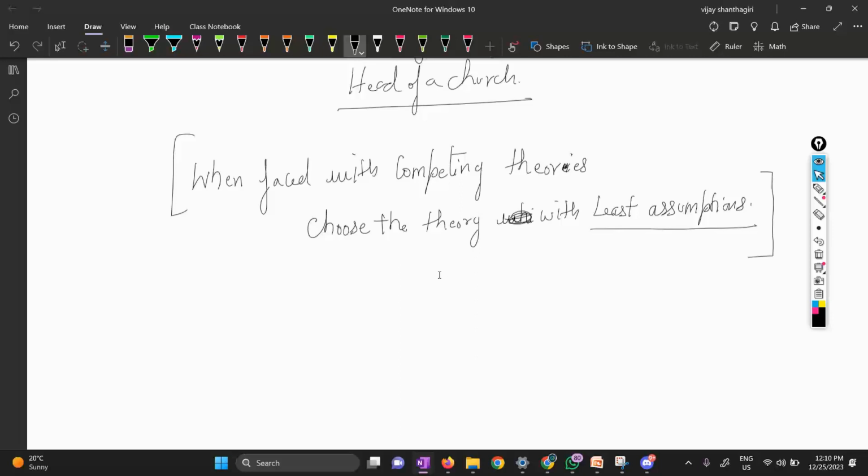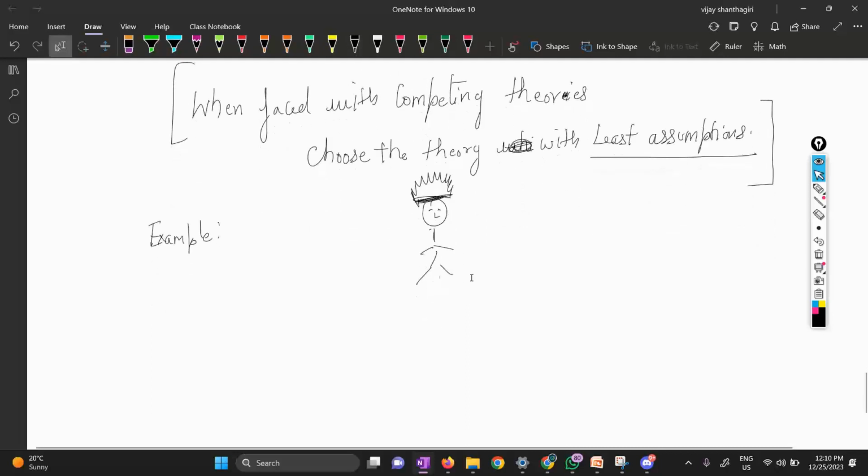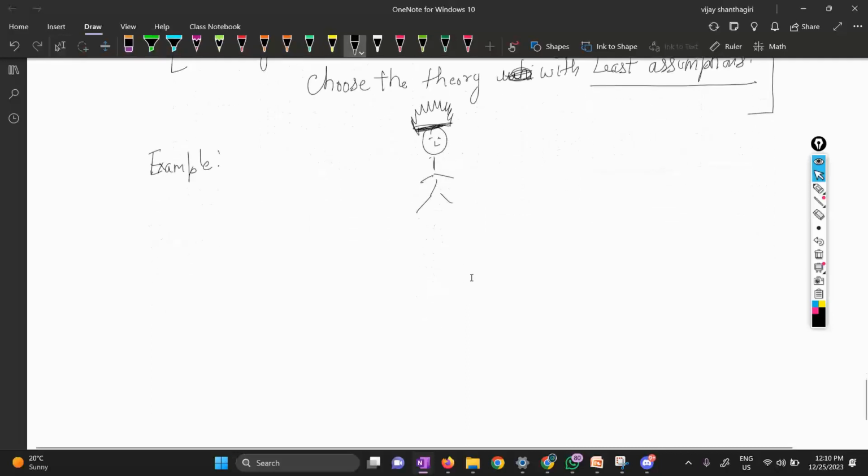Now I want you to take an example and understand this. Suppose I'm just drawing Willem of Ockham here, who is now faced with two people.